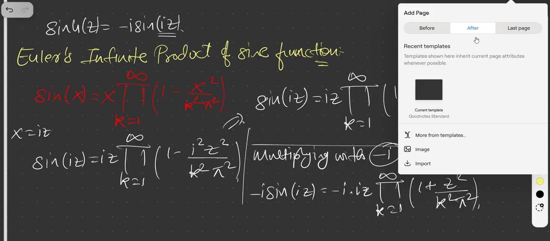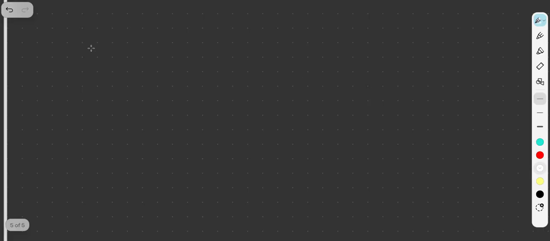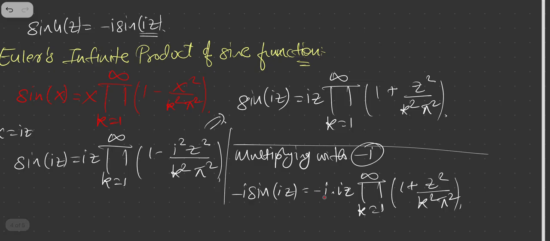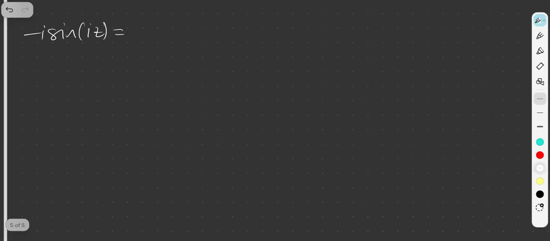Here i times i is -1, and negative times negative is positive, so basically we have z only. So we have z times the product as k goes from 1 to infinity of 1 plus z squared over k squared pi squared.